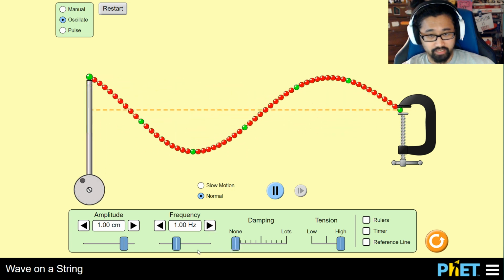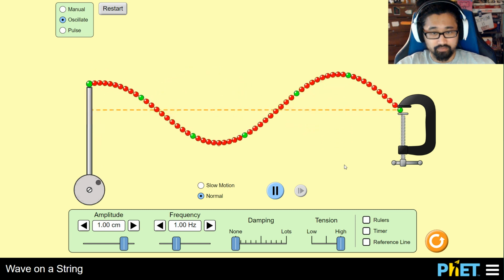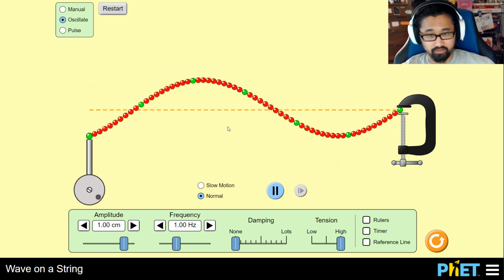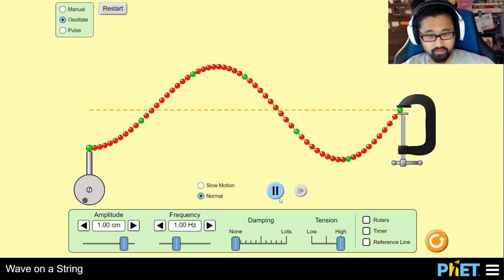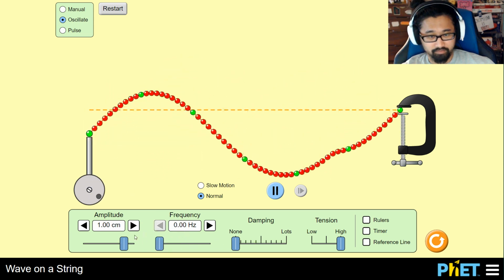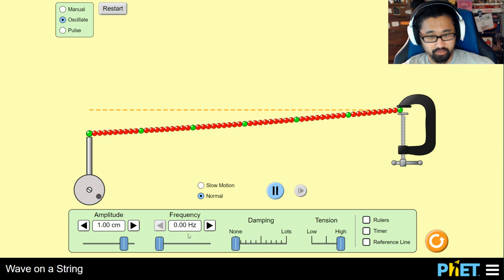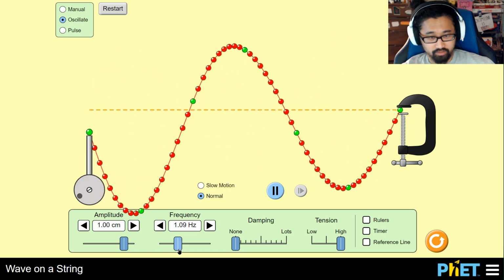If I make the frequency 1 and I get rid of the damping, what you'll end up seeing is basically a single, this is kind of a cosine curve, but it's a single, oh, hang on. Let me stop everything. How do I stop? Turn all the damping on. Alright. Oh, too bad I can't exactly bring it to 1 right away.